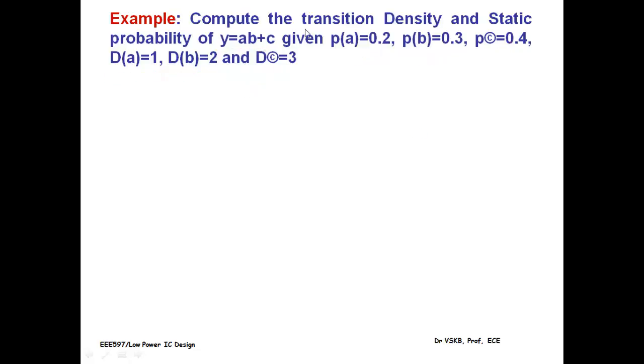I would now want to compute the transition density and static probability of the output y, where the logic function y is equal to AB plus C is given.